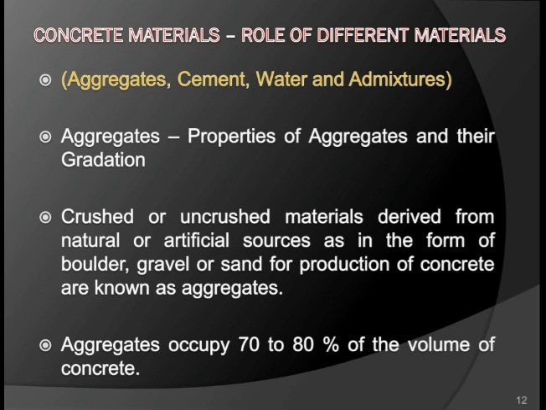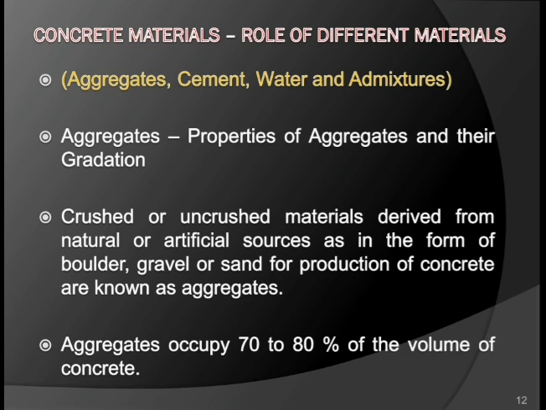Let's start with the aggregate, right? Aggregate includes coarse aggregate meaning gravel and fine aggregate meaning sand. We discussed gravel, meaning coarse aggregate, and sand in the topic aggregate, and then next is cement, water and admixtures.